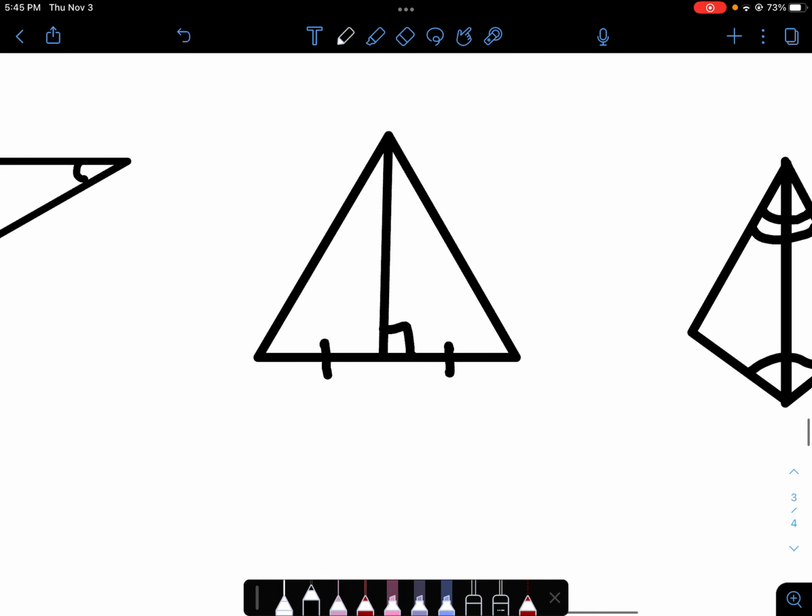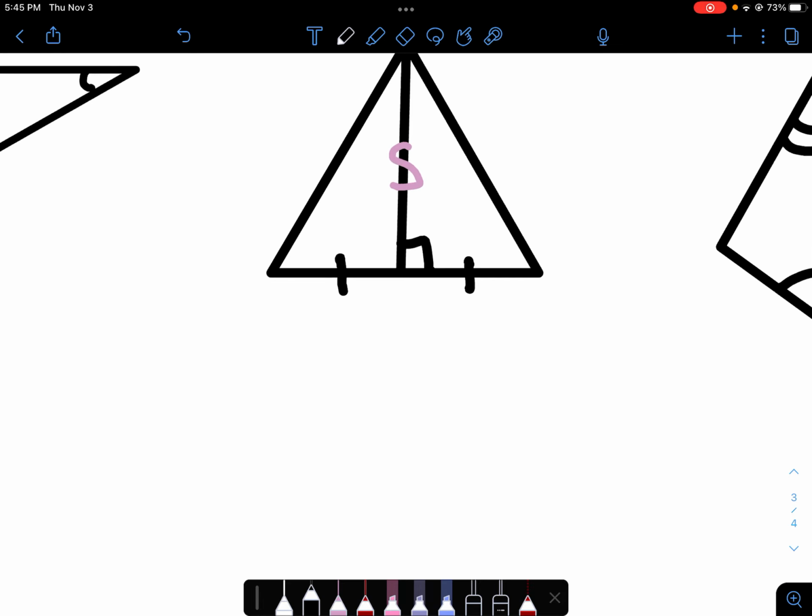Now for this next one, we have a base split in two. And then we have two right triangles. And then we have a shared common side. So that's side, angle, side. And that's going to be leg, angle.